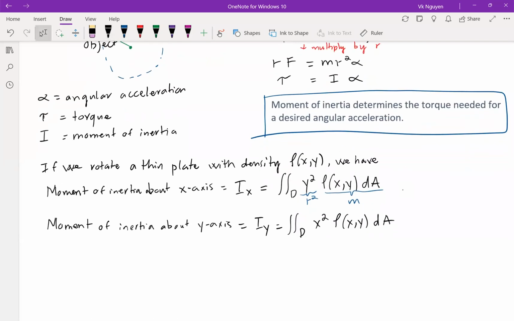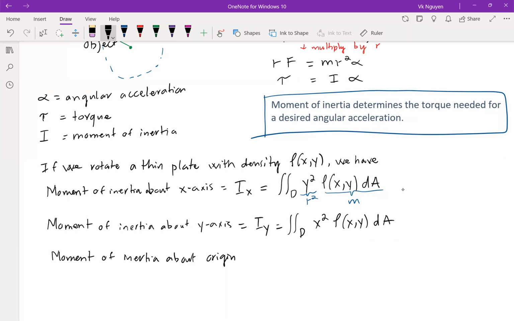We also have a moment of inertia about the origin or the center of the plate. Yeah, usually the plate is gonna be circular, because if it's circular, then you can do many things with it. If it's not circular, then you cannot do much.